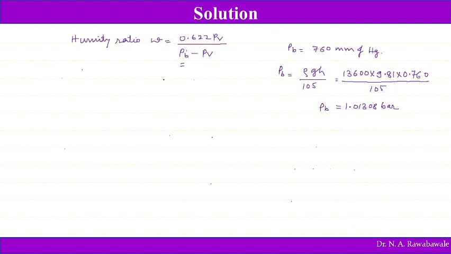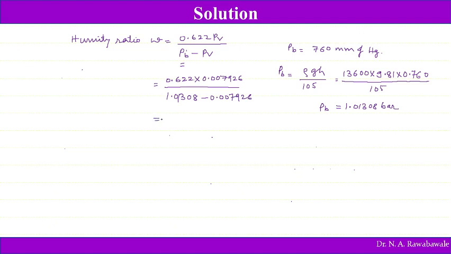PB is known. So now 0.622 into PV. PV is 0.007926 divided by PB, which is 1.01308 minus PV. PV is 0.007926.